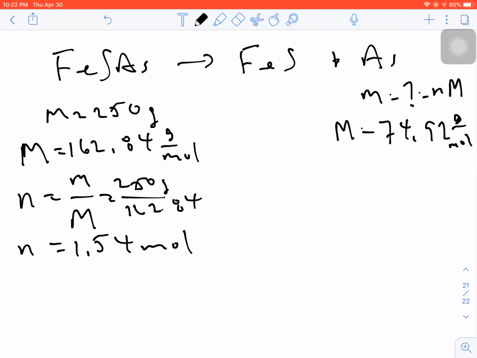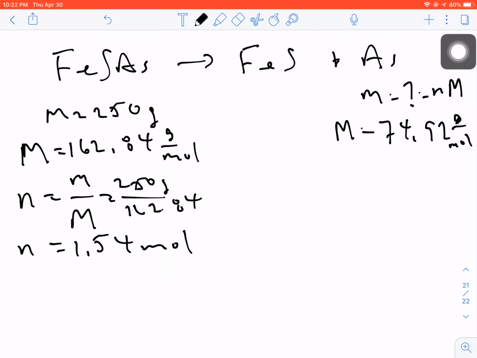Now, I can do my mole ratio, but I can kind of see that whenever 1 mole of FeSAs disappears, 1 mole of arsenic is made. So if 1.54 moles of FeSAs is used, I should get 1.54 moles of arsenic because it's a 1-to-1 ratio.